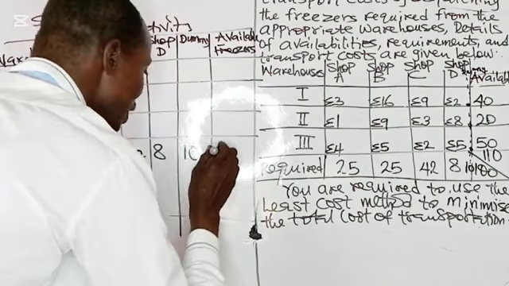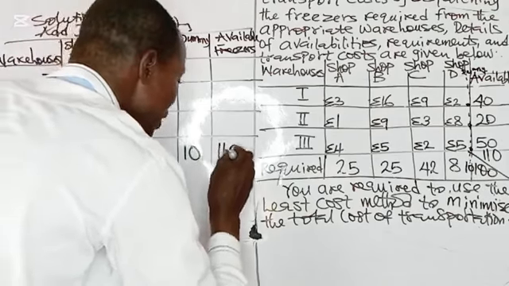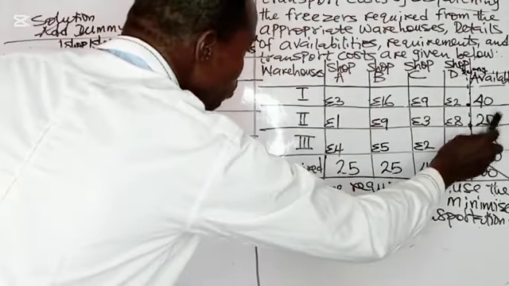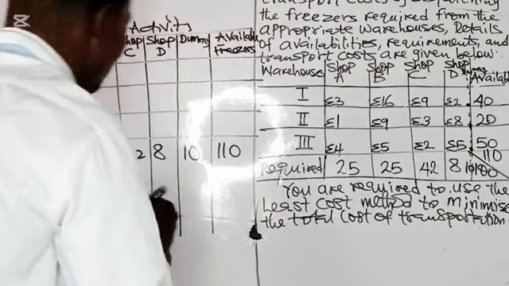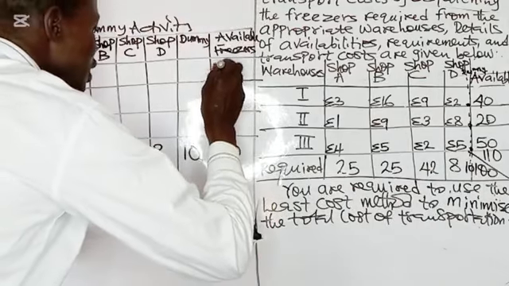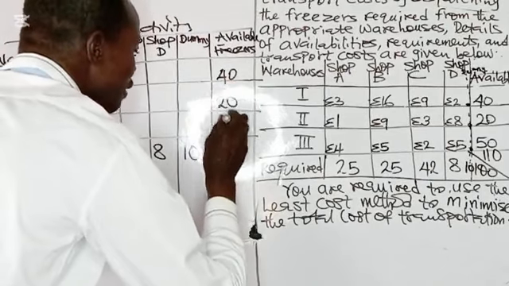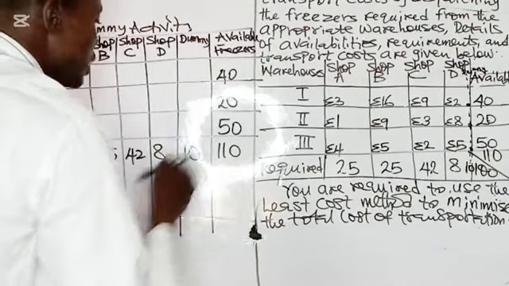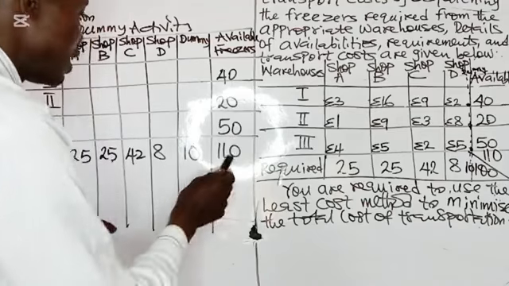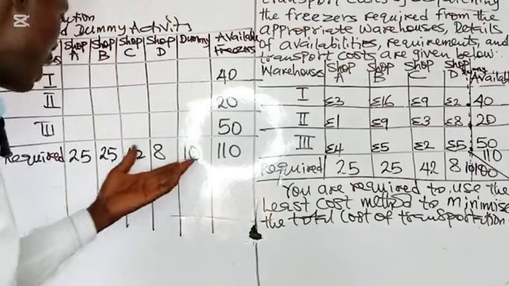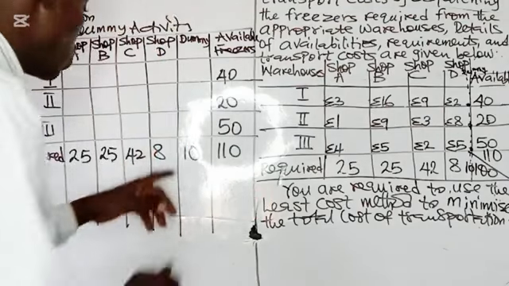Dummy of 10, then this will now be totaled 110. Then we also have 40, 20, and 50. 40 plus 20, that is 60, plus 50, that is 110. I've told you the first step is to make the problem balanced by introducing dummy. That is why we have introduced dummy here.